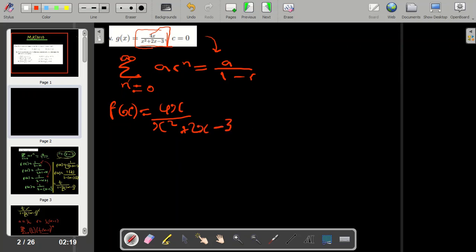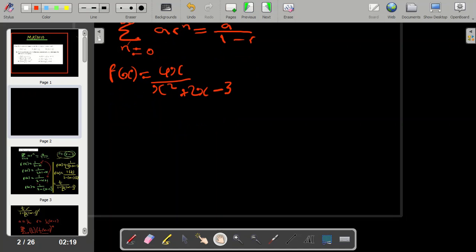So now we need to change it into simpler functions by the use of the knowledge of partial fractions. So we are going to have 4x here divided by x squared plus 2x minus 3.